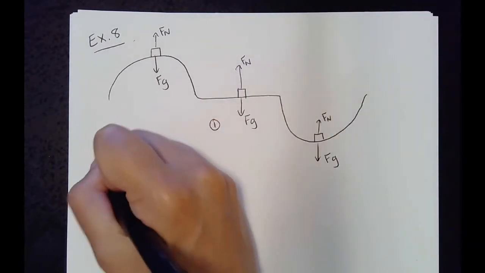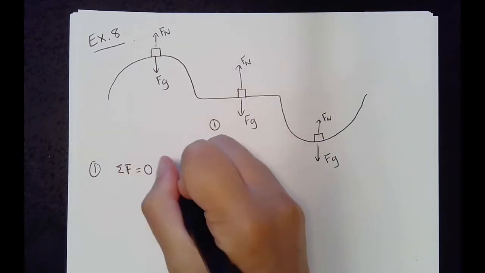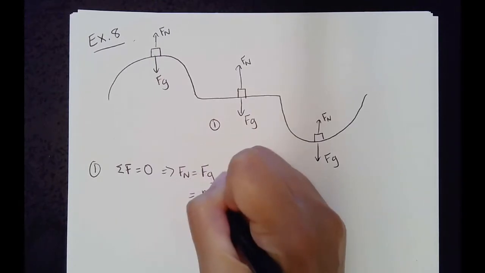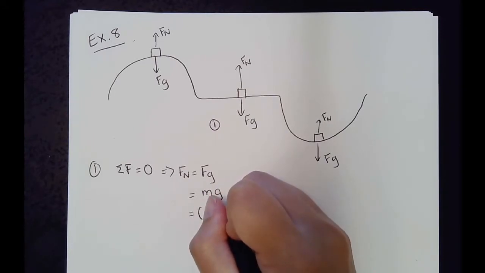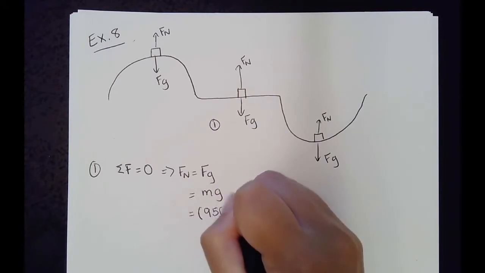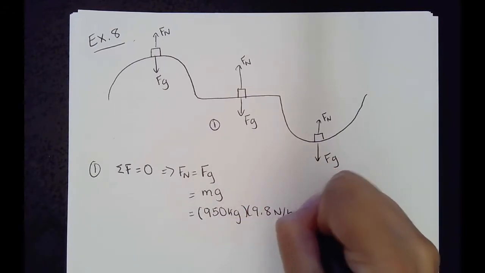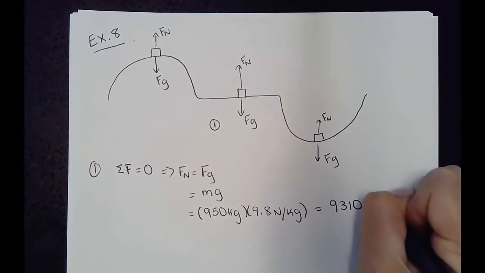In that case, the net force is equal to 0, so we have Fn equals Fg. And let's calculate that. It's mg, which will be 950 kilograms times 9.8 newtons per kilogram, which gives 9,310 newtons.